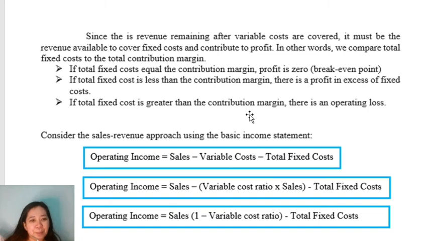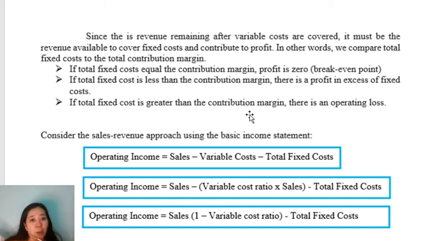Next, if total fixed cost is less than the contribution margin, meaning there is an excess for profit, we will have a profit. What about if the total fixed cost is greater than the contribution margin?